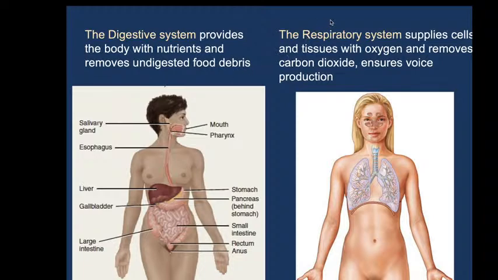The second system is the respiratory system, a very important one, and it supplies our cells and tissues with oxygen. As for the digestive system, the products that should be removed from the body, like carbon dioxide, go out.